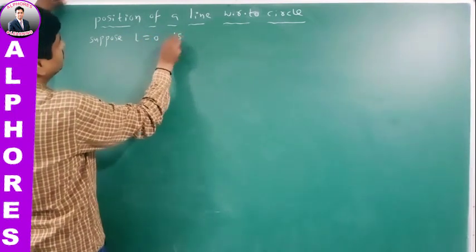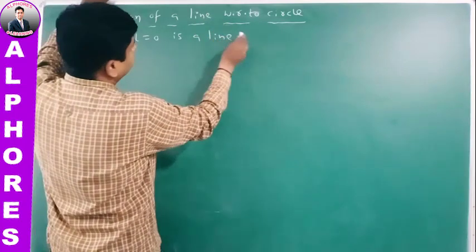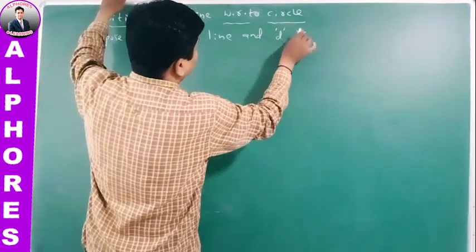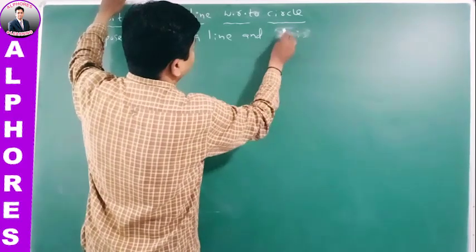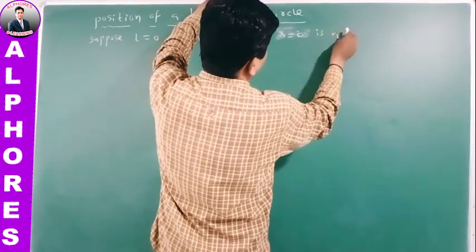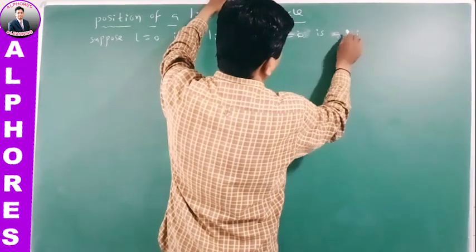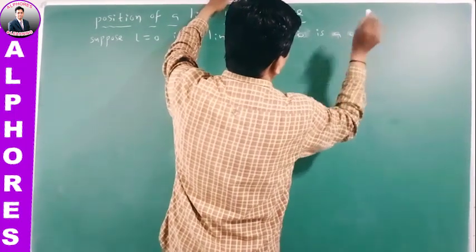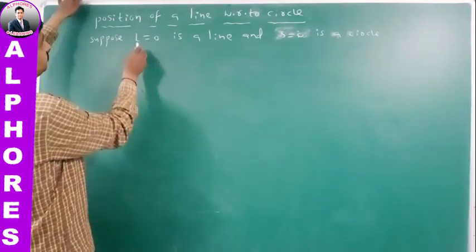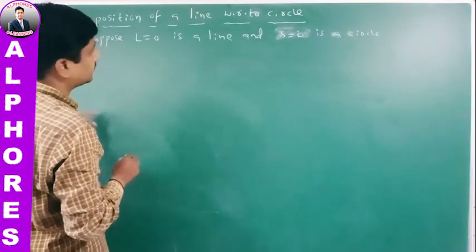Suppose L equals 0 is a line and S equals 0 is a circle.